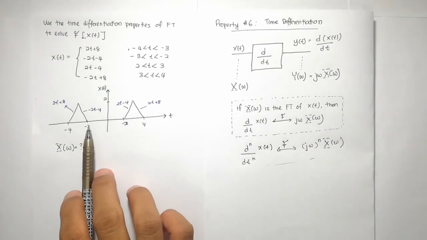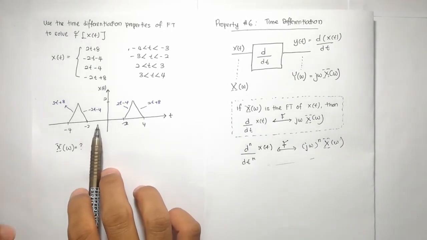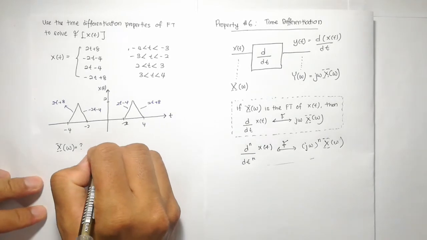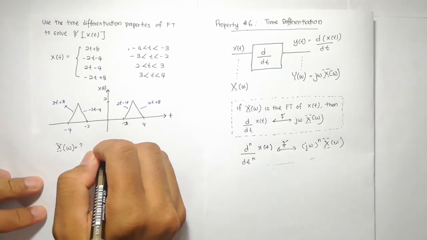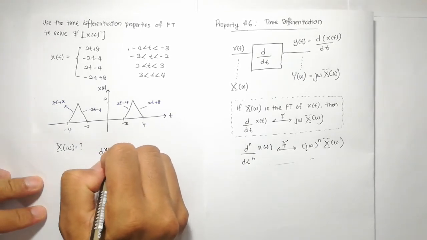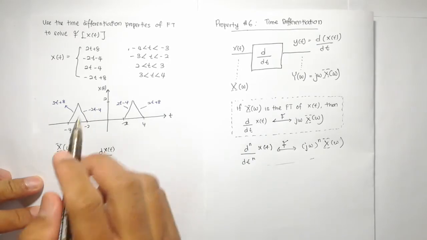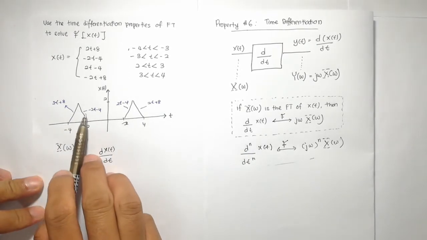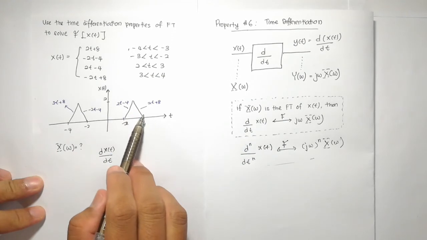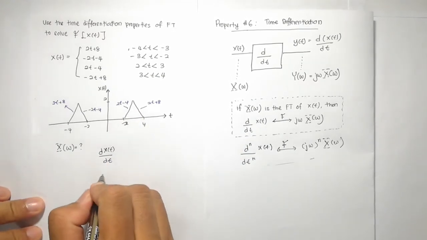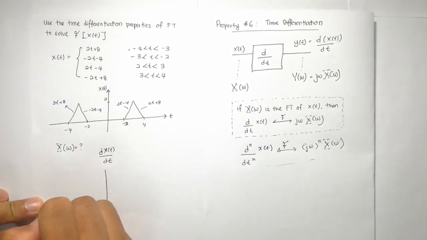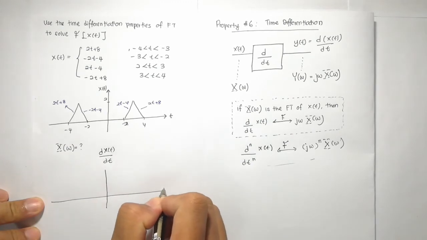We need to differentiate this one time, and we need to do it part by part. In this case we will differentiate this part, this part, this part, and this part. So we have dx/dt.